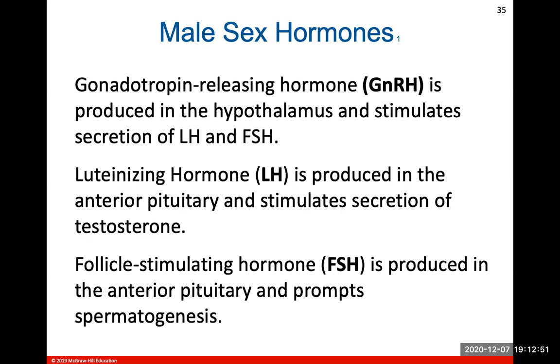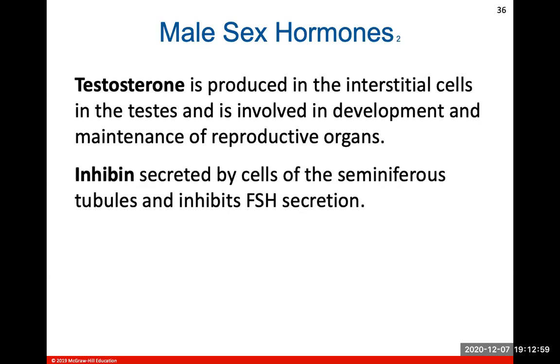And FSH is produced in the anterior pituitary to promote spermatogenesis, the formation of sperm cells. Testosterone is produced in the interstitial cells in the testes and is involved in development and maintenance of reproductive organs. Inhibin is secreted by cells of the seminiferous tubules and inhibits FSH secretion.